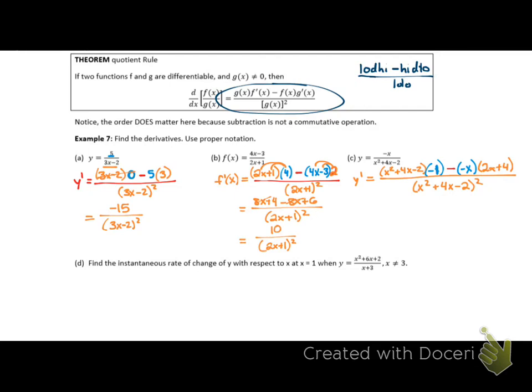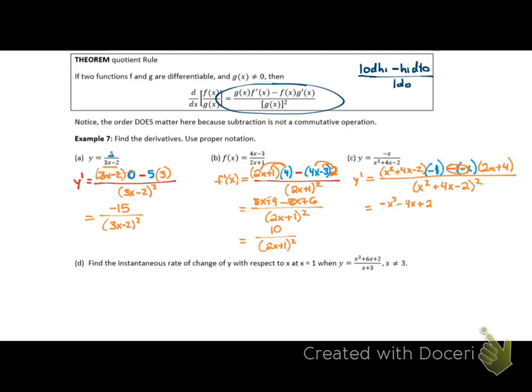And we're going to distribute again. So we get negative x squared plus 4x, nope, not plus, minus, plus 2. This negative and this negative right here, that becomes a plus. So now I don't have to worry about the negative sign anymore.